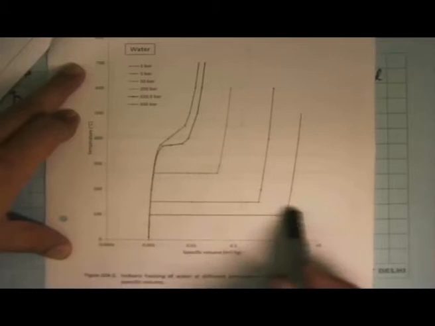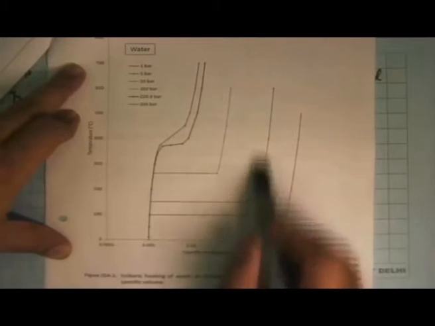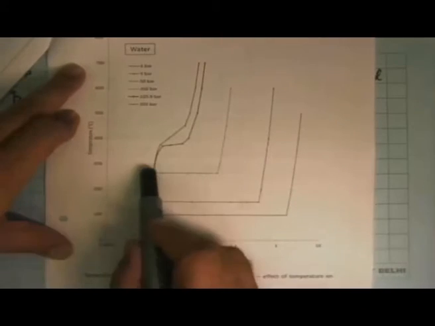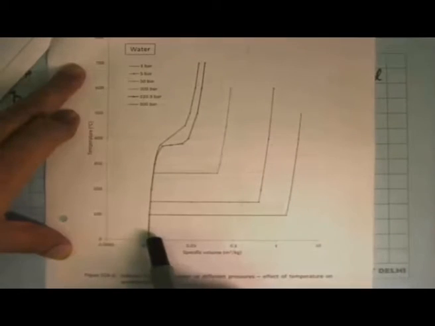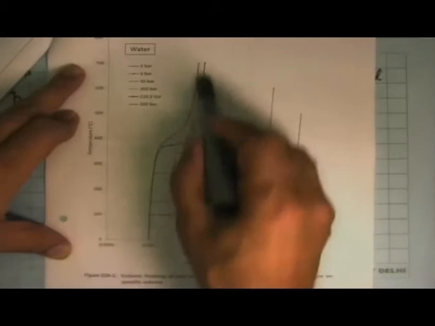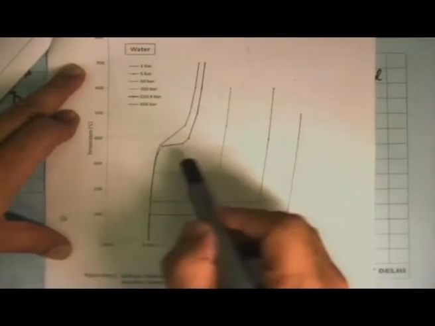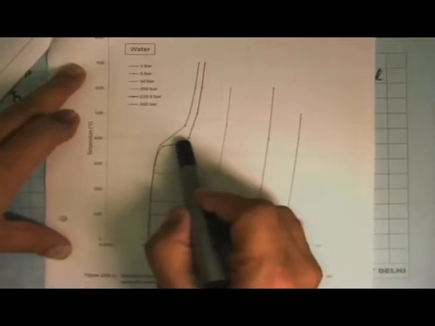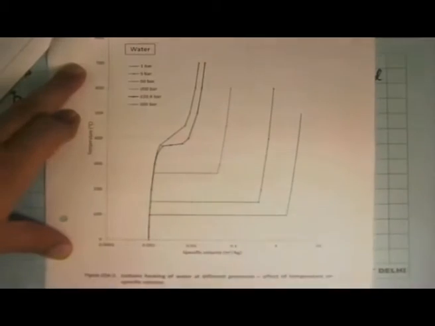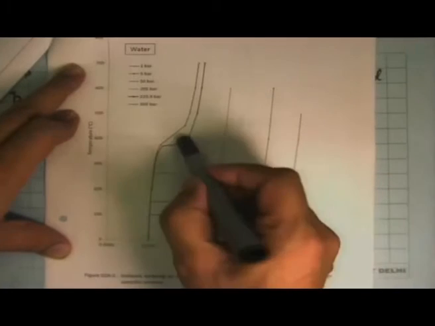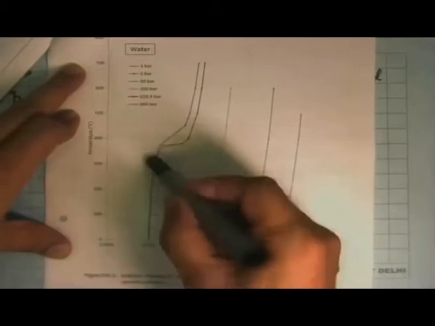This is at 1 bar, this is at 5 bar, this is at 50 bar, then you have 220 bar, and the top one 300 bar. And so these are all the saturated vapor states, these are all the saturated liquid states.